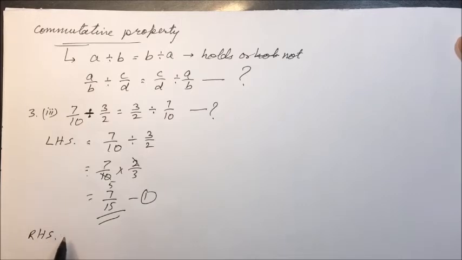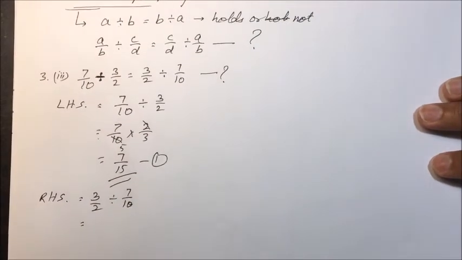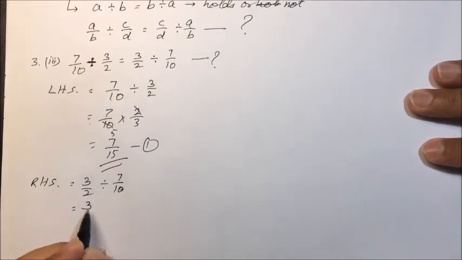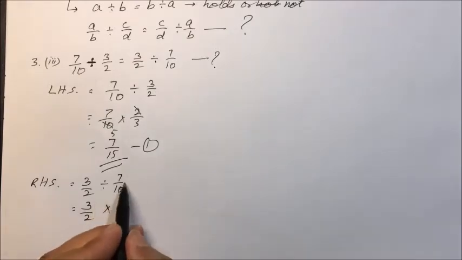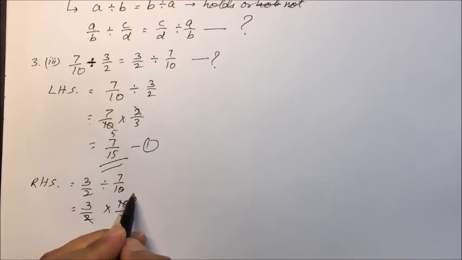RHS. 3 by 2 divided by 7 upon 10. So 3 upon 2 into, we have to take the reciprocal of this one, 10 upon 7. 2, 5, 0.